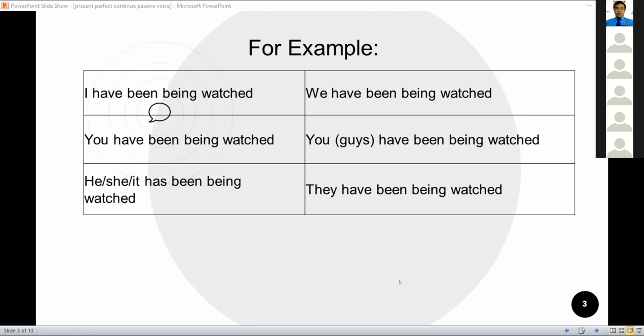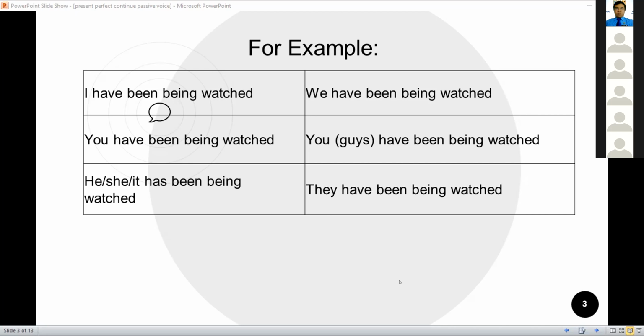Okay. So can you explain the example here? Can you explain which one receives the action, which one does the action? Like the first example, the toy has been being broken by the children.